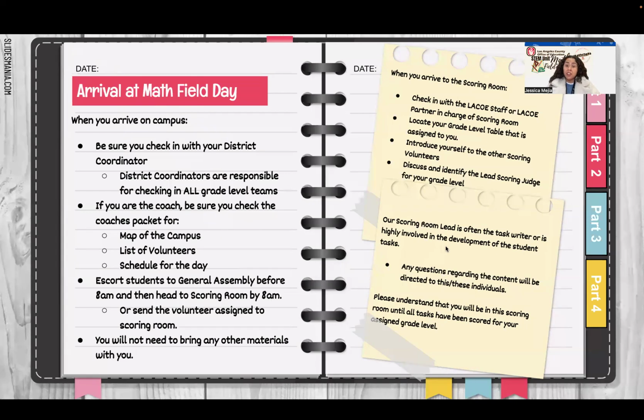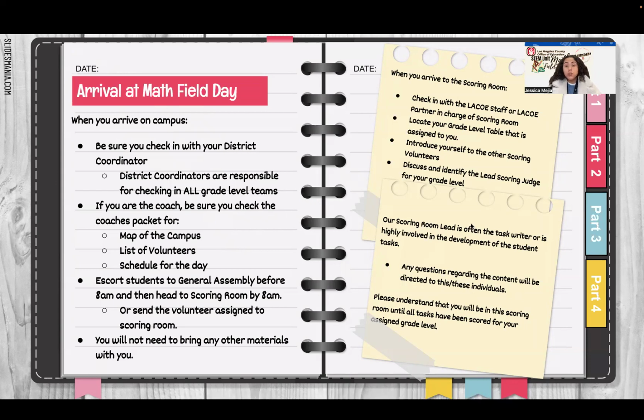So when you arrive at the scoring room, which is the library, you want to check in with the LACO staff, which is probably going to be me, or your LACO partner, which is our team, and his name is John. He is going to be in charge of the scoring room. So we locate our assigned grade level table. Usually there's a playing card with the number, and that corresponds to the grade level.